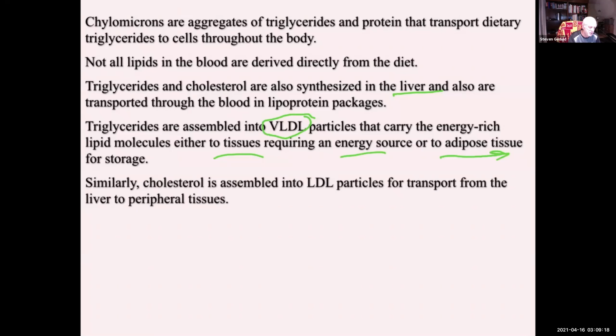So similarly, cholesterol is assembled into low density lipoprotein particles for transfer from the liver to peripheral tissues. The entry of the low density lipoprotein particles into the cell depends on specific recognition and binding between the low density lipoprotein and a protein receptor within the membrane.